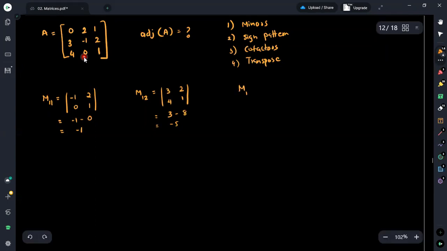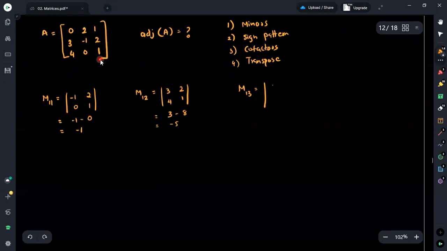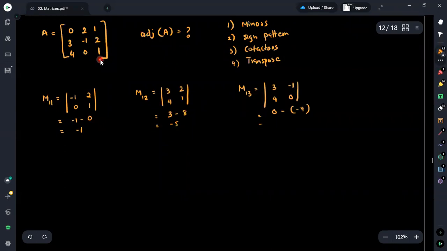Similarly, we can obtain M13. The first row and third column are cut down. Then 3, minus 1, 4 and 0 are considered. 0 minus minus 4 equals plus 4.